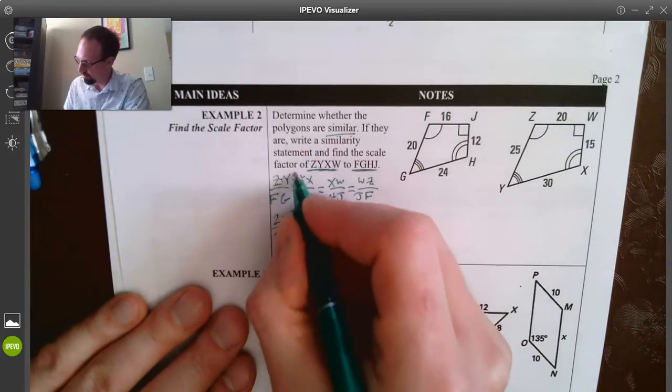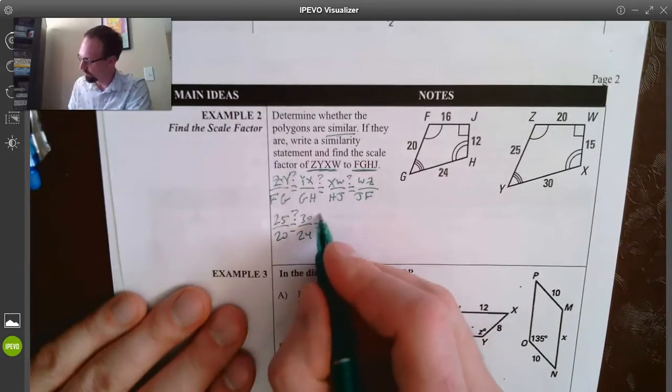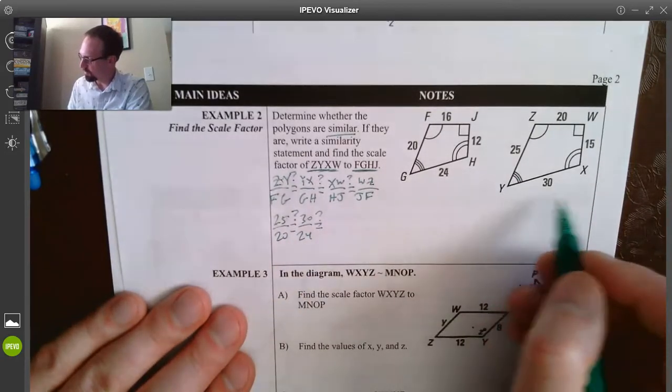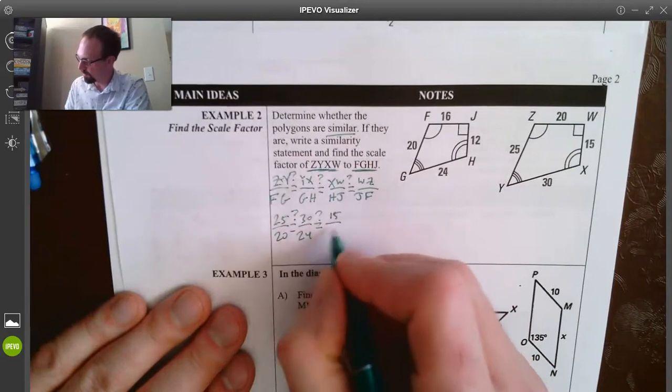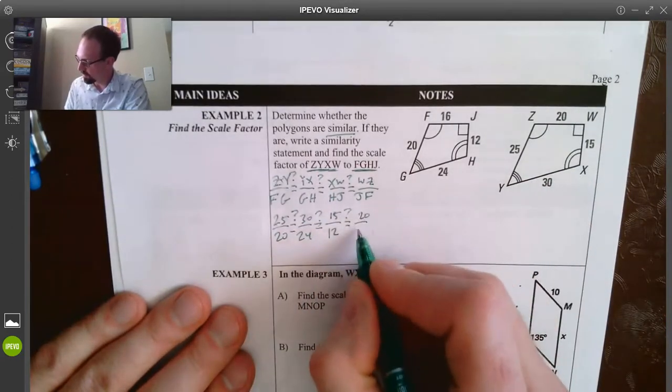I don't know if these are true, so I'm going to put question marks above these. We're going to find out if this is true. And then XW, so that's 15 over 12. And then WZ, 20 over 16.